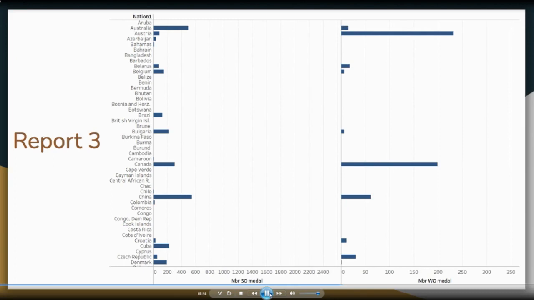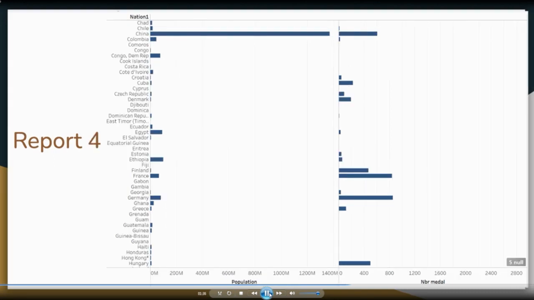Report number 4 shows another correlation, between the population of a nation and the number of medals. In this case also there isn't a correlation, so it's not true that a state with a higher population wins a lot of medals.